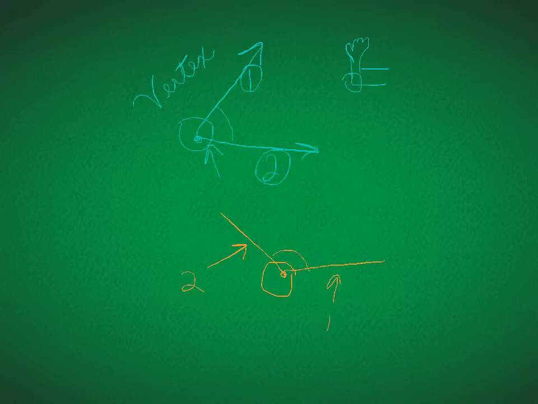This is now an angle. This one right here is also an angle, and it's a special angle we're going to talk about in a minute, but it has one vertex right there. And remember that elbow, it makes that the vertex.